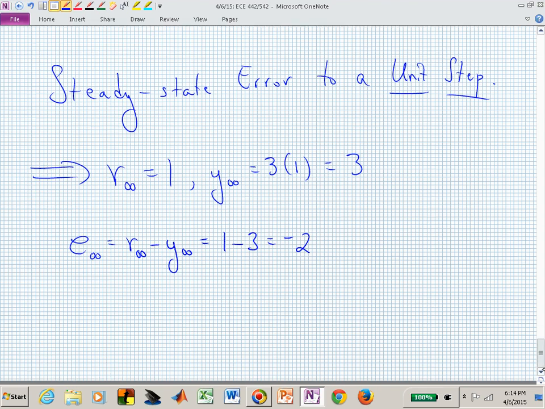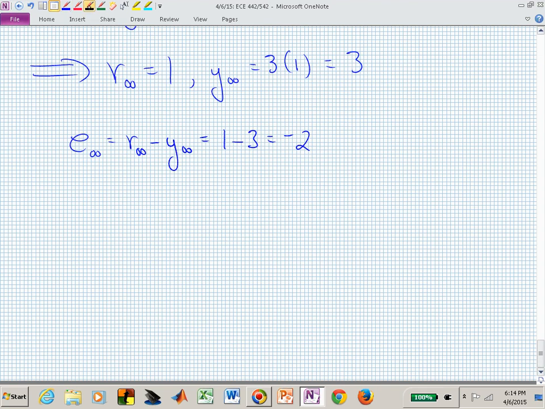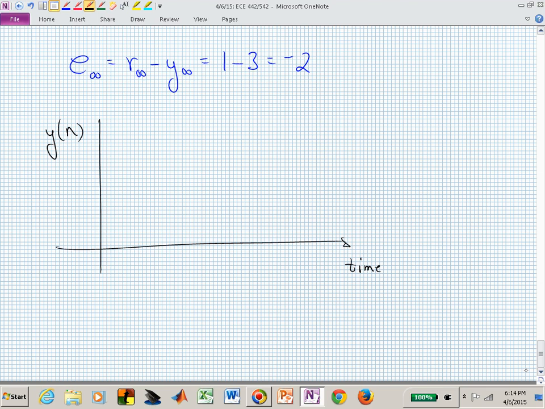What does that look like in terms of a sketch? I'm going to probably just sketch it as if it was a continuous waveform. What does this look like? Where did I want to go?